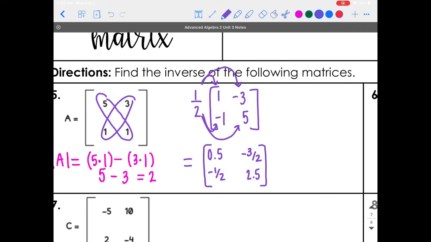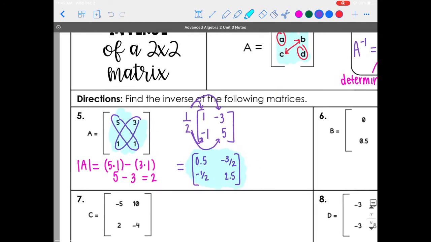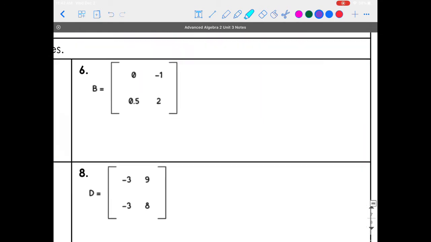It doesn't matter if you leave it as a fraction or a decimal. If it's an ugly decimal, like a really long one, then you probably need to just leave it as a fraction. And this is your answer. So if you typed those two matrices in your calculator and multiplied matrix A times this new matrix, you should get the identity matrix, that 1, 0, 0, 1 that I showed you above.